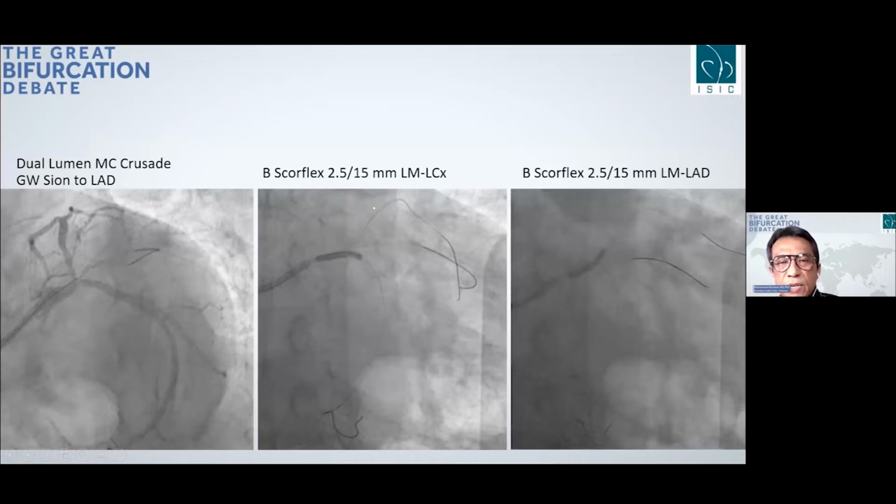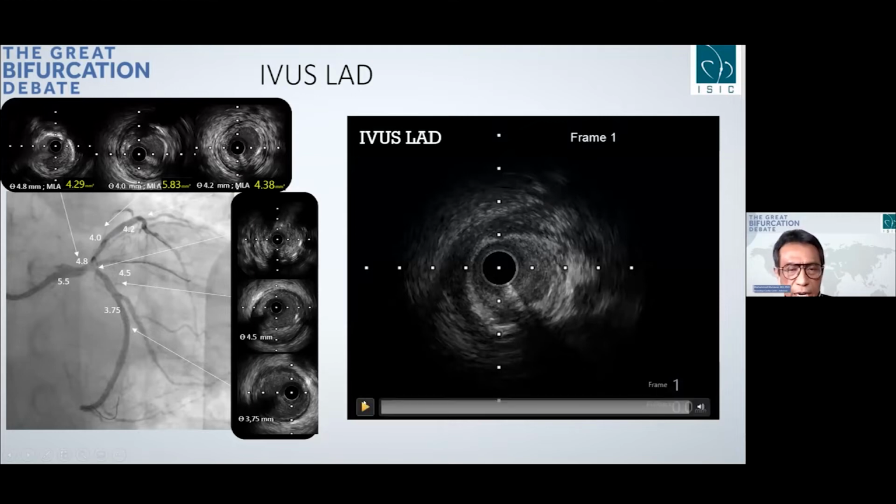It's not only pre-dilatation for IVUS, but also to avoid side branch occlusion.